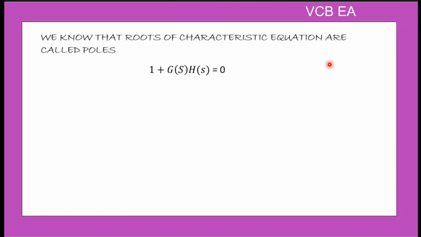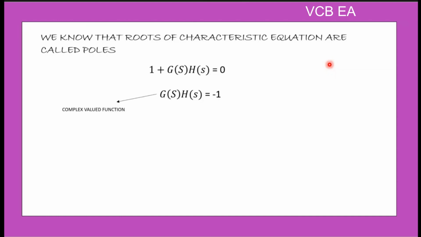As discussed earlier, the characteristic equation of the system is 1 plus G of S H of S equal to 0. By bringing this plus 1 into the right hand side, we will get GH equal to minus 1. As discussed earlier, G of S is a complex valued function and H of S is also a complex valued function. Then their product G of S H of S is also a complex valued function.